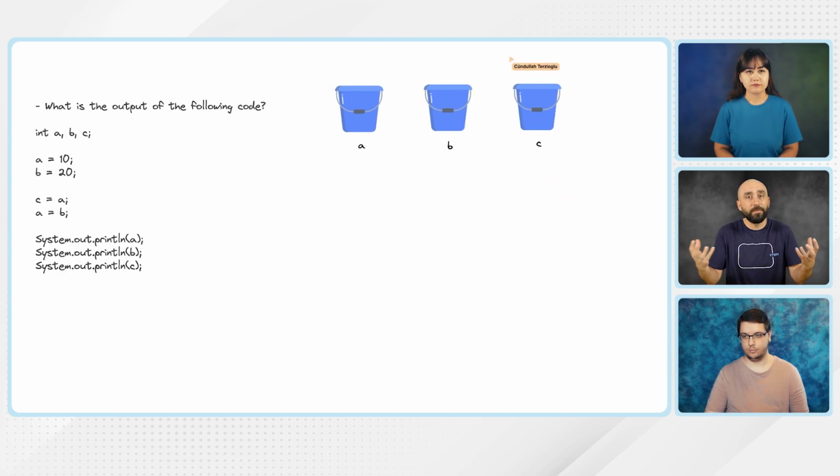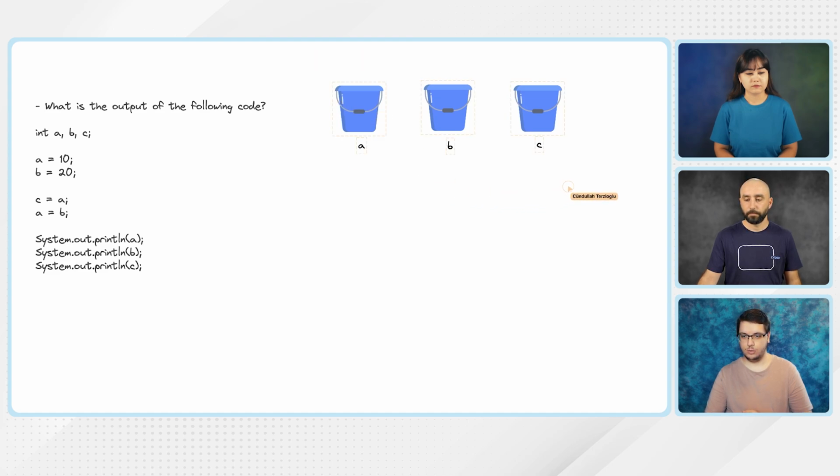There's no value, but we declared the variable. We created the bucket in the memory, right? What I did here is only for the first line, integer A, B, and C. That is the variable declaration. I declared my variables, which means I created my buckets.